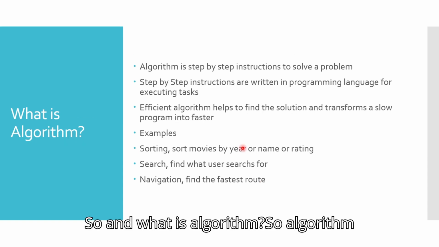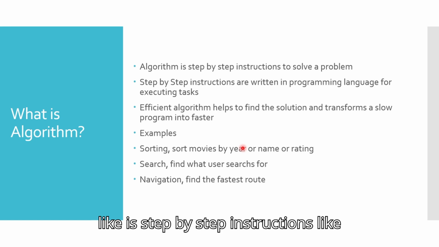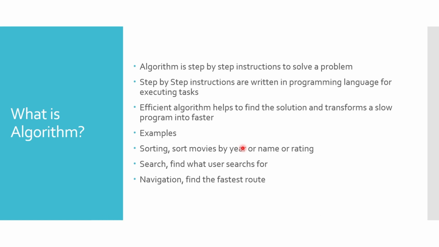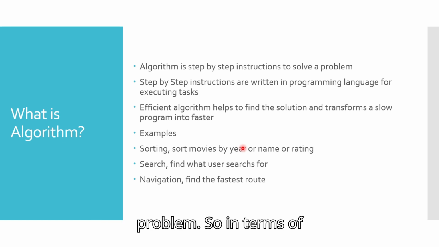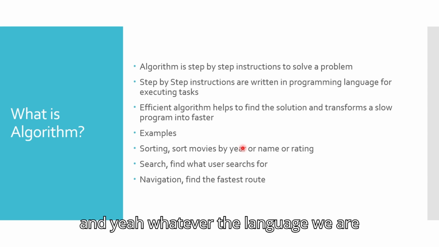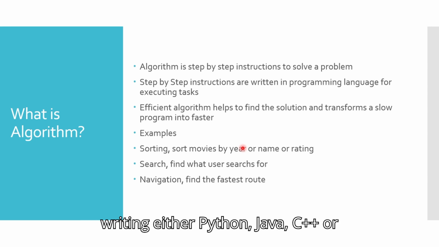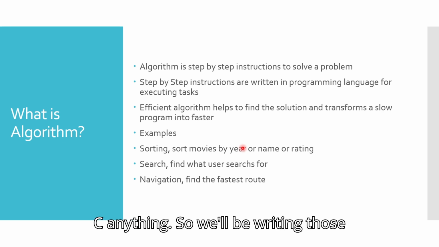And what is an algorithm? An algorithm is step-by-step instructions that we write in order to solve a problem. In terms of a program, we'll be writing instructions for what tasks it is going to perform, whatever the language we are writing in, either Python, Java, C++, or C, anything.